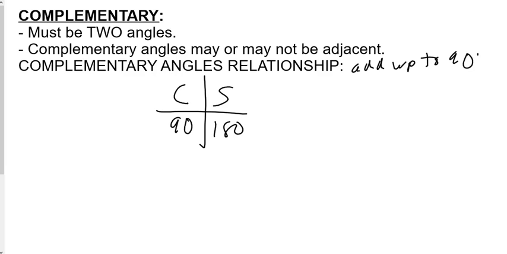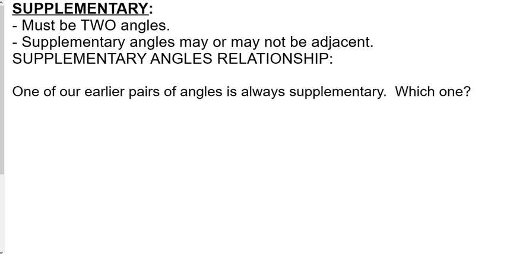So complementary is 90, supplementary is 180. Quick, easy way to remember it. All right? So supplementary, like we just talked about, they add up to 180 degrees. One of our earlier pairs was supplementary. That was a linear pair. I kind of gave you a preview of that.